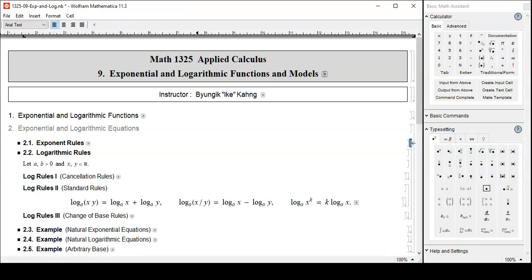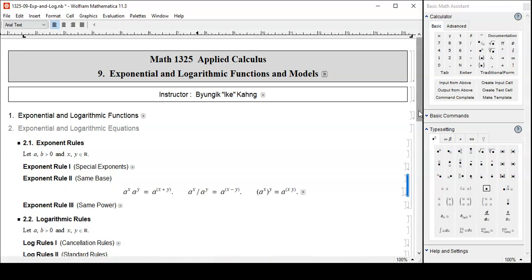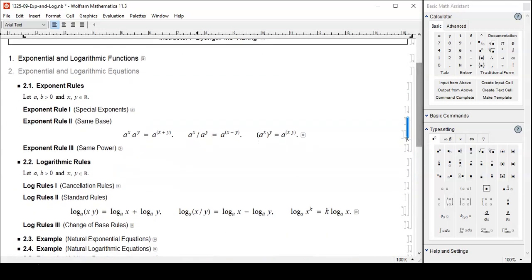These rules correspond to these rules with the same base. Multiplication is becoming addition, division is becoming subtraction, and then power is coming out as multiplication.